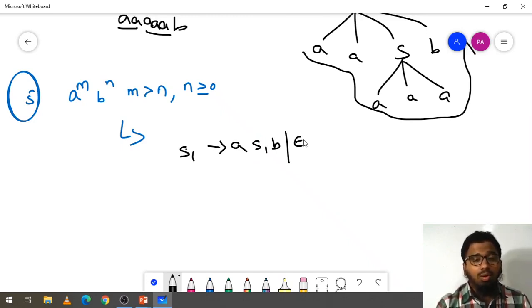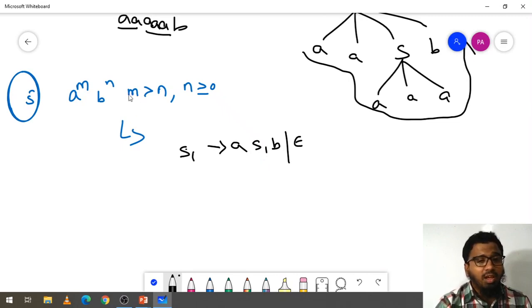Now here S1 is A, S1 and B, so we got an equal number of A's and B's.